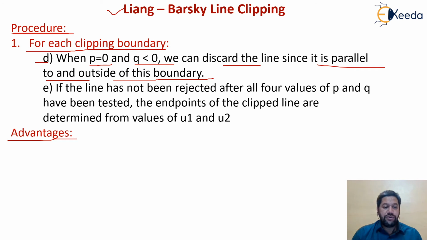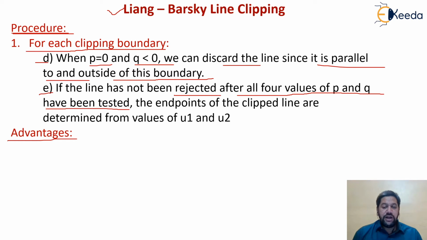The last step of this procedure, E, is: if the line has not been rejected after all four values of P and Q have been tested. We have seen these four values of P and Q in the first slide. If P is delta X, what is the Q value?